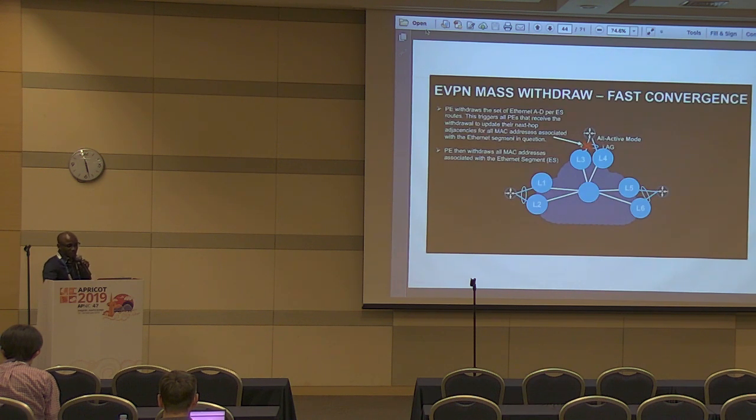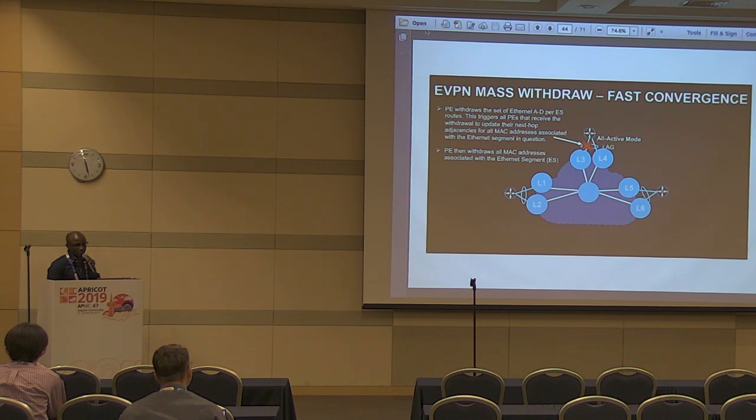Okay, so with EVPN mass withdrawal, fast convergence. Remember, one of the advantages of EVPN is the faster convergence we get, and this is achieved using what we call the mass withdrawal.